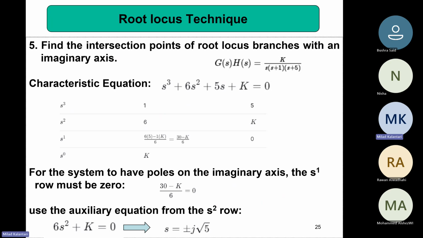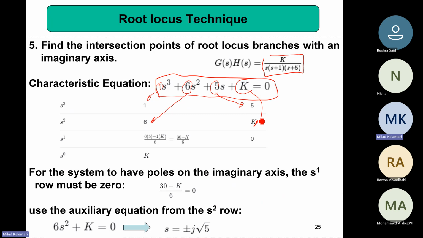So in order to find it, we need to use the Routh-Hurwitz method, right? We have the open loop, we try to write the closed loop, which will be this, right? And then we try to solve it. The way we solve it, this time 1 is here, 6 is here, that's the order, 5 is here, and the k is here, right?